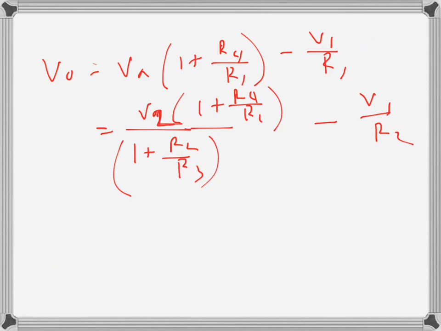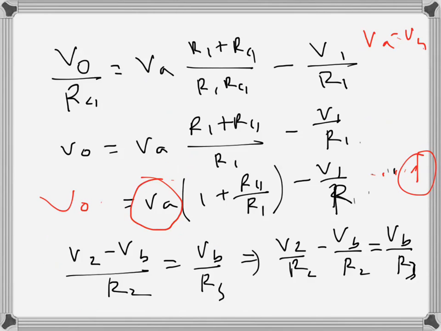Now I will take the R4 over R1 ratio out. I have figured out one mistake here, which I will correct now. When I multiplied by R4 in this equation, I forgot to multiply this term.